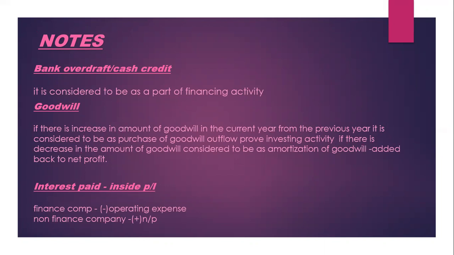Goodwill: if there is an increase in the amount of goodwill in the current year from the previous year, it is considered a purchase of goodwill and it is shown as an outflow in investing activity. If there is a decrease in the amount of goodwill, that is considered amortization of goodwill and will be added as a non-cash expense in operating activities.